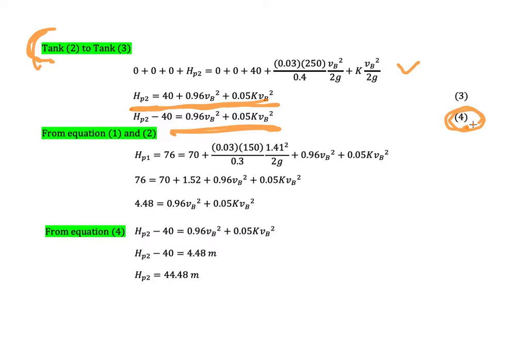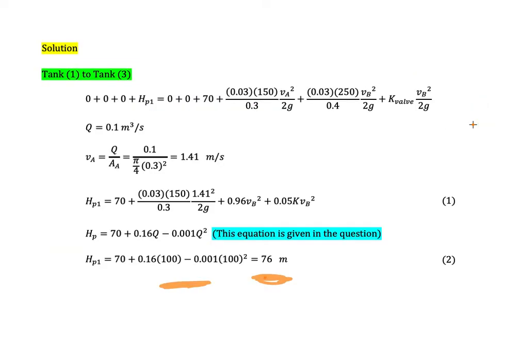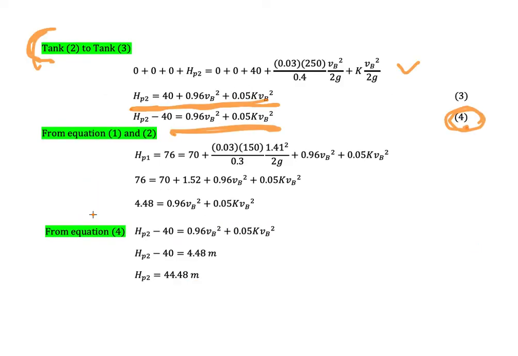So then we go back to equation number 1 and number 2 here. We could substitute the value of 76 into this one, and then rearrange the equation to have only the terms of VB here. And then it is equal to this one. So we have VB squared there.